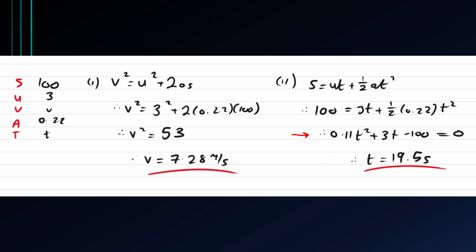We know that it's going to be negative because the product of the roots should actually be T, not X. So the product of the roots, T1 T2, is C over A, so that's minus 100 over 0.11, which is like minus 10,000 over 11. So we automatically know one of the answers is negative, so we can completely discount that. So the finishing time is 19.5 seconds.